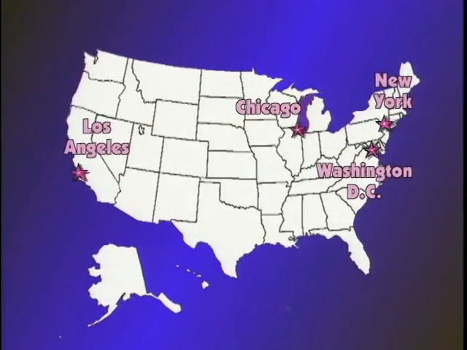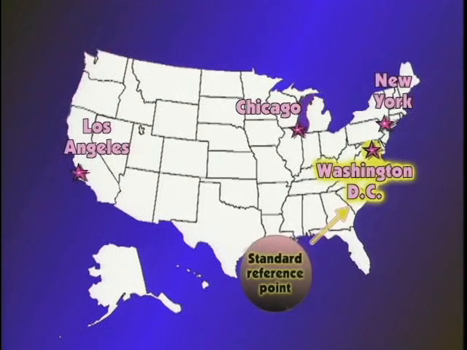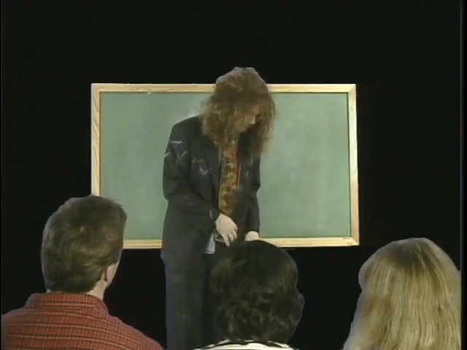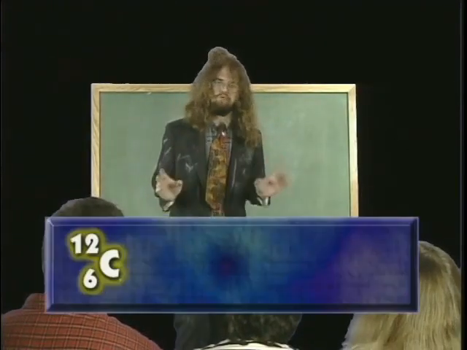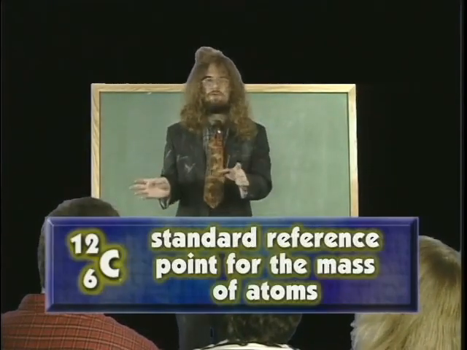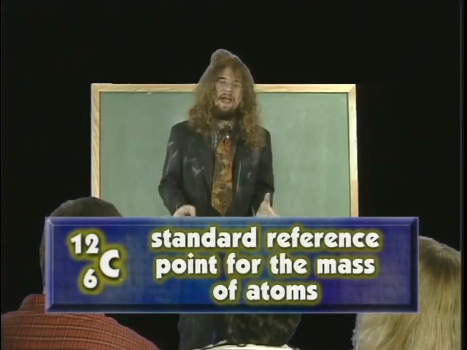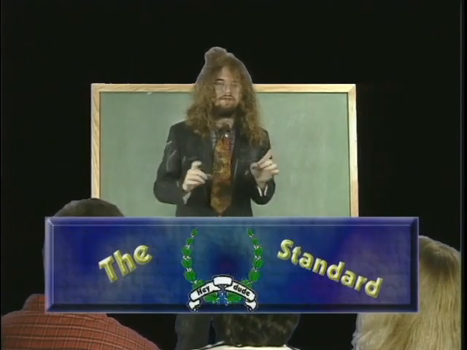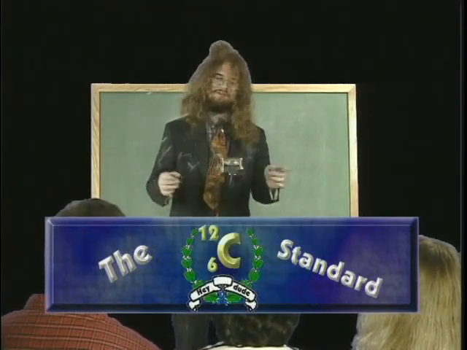It's like referencing the distance of Chicago, New York, and Los Angeles by their distance from Washington, D.C. Washington, D.C. is the standard reference point, and the other cities are measured from that point. So carbon-12 is the standard reference point for the mass of atoms, and the masses of all atoms are measured from the standard set by carbon-12.